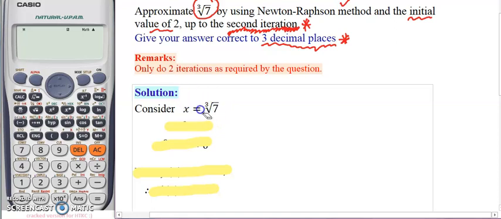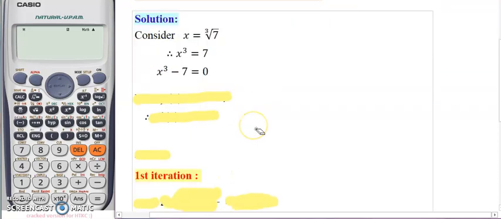Then from this x equals the cube root of 7, we cube both sides, which gives us x to the power of 3 equals 7. Rearranging it, you find that it forms a cubic equation, x cubed minus 7 equals 0. Now we make use of this equation and solve for x in order to find the approximate value of the cube root, where the x value we solve from this equation corresponds to the cube root of 7.